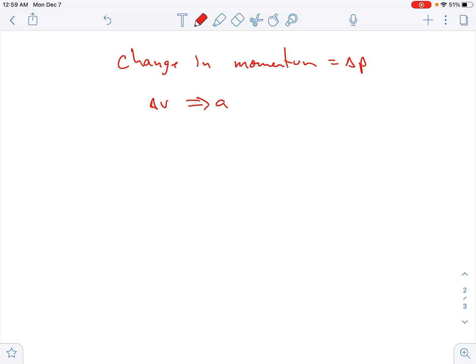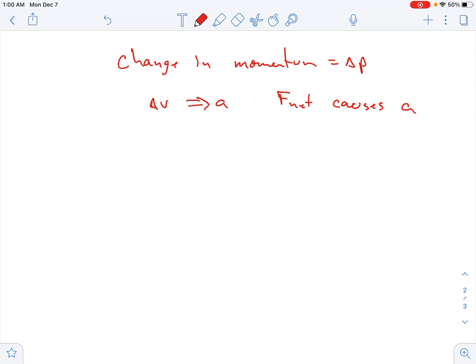Right? Where does an acceleration originate from? We get acceleration when we have a net force acting on an object. Right? So a net force causes an acceleration.